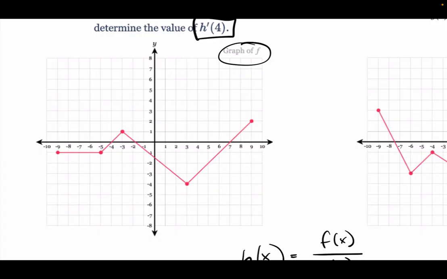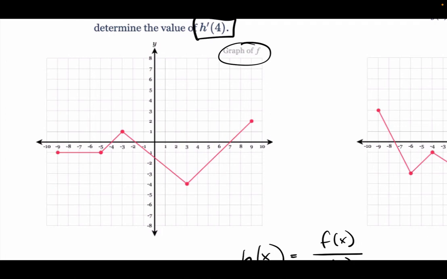What does f prime of 4 mean? Derivative. And what is derivative synonymous with? Anytime you see the word derivative, you should always think slope. So what's the slope when x equals 4?